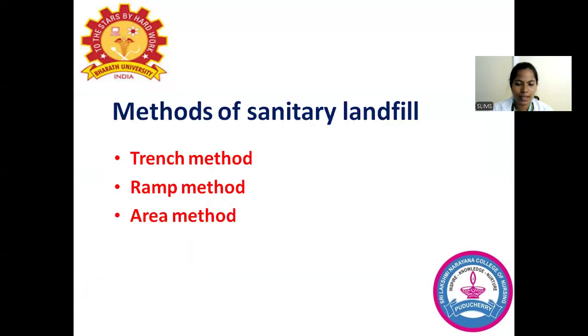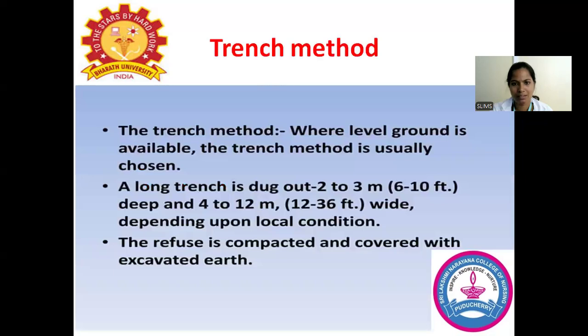Next, the sanitary landfill has several methods in it: trench method, ramp method, and area method. First, we'll see trench method. Where level ground is available, the trench method is usually chosen. A long trench is dug out 2 to 3 meter deep and 4 to 12 meter wide, depending upon the local area.